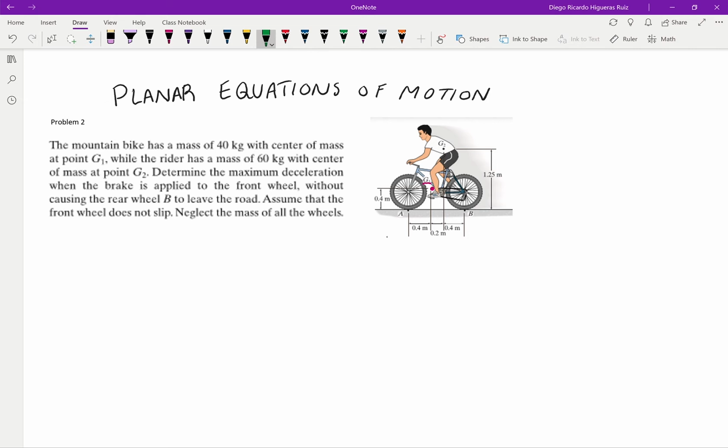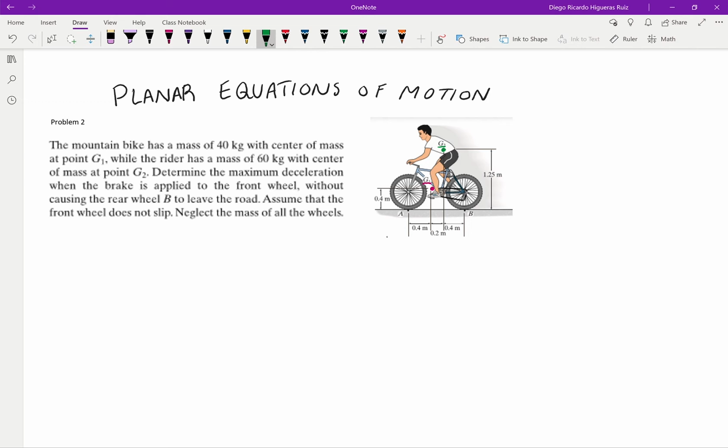So here G2, different point of mass. Okay, determine the maximum deceleration when the brake is applied to the front wheel without causing the rear wheel B to leave the road. Assume that the front wheel does not slip. Neglect the mass of all the wheels.